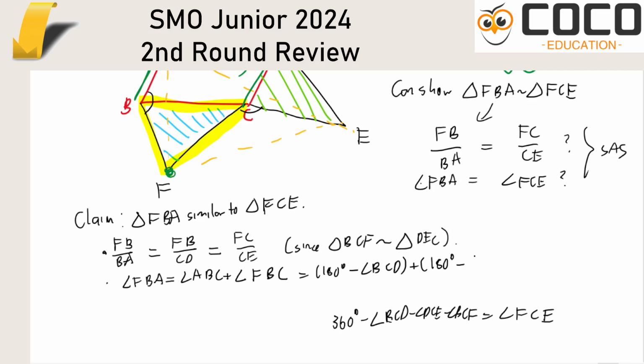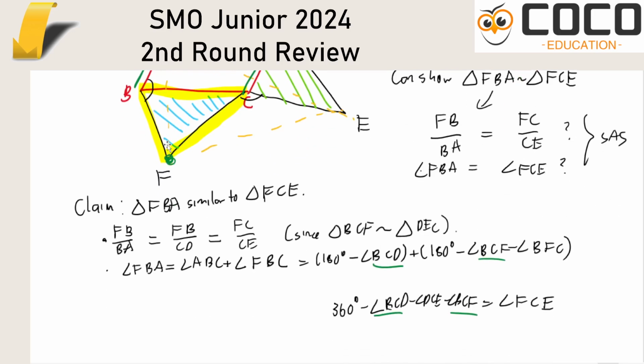And I can write this as 180 minus the other two angles in the similar triangle. I see that these match, and BFC equals to DCE certainly also matches. So that is good.